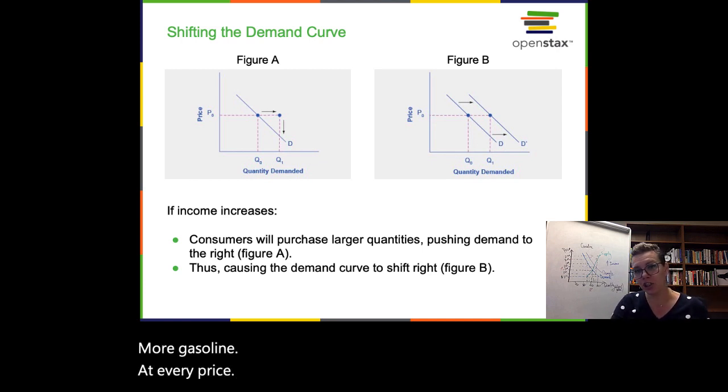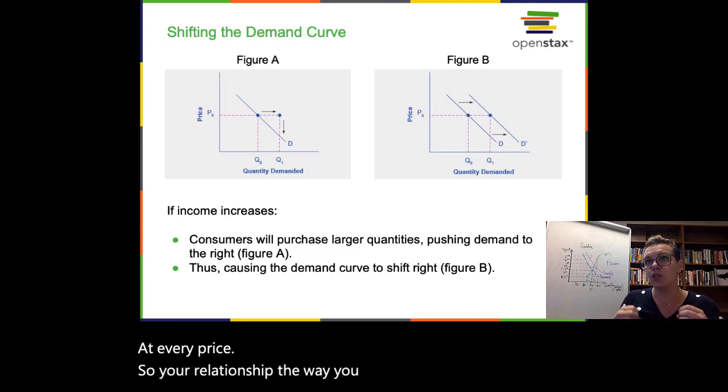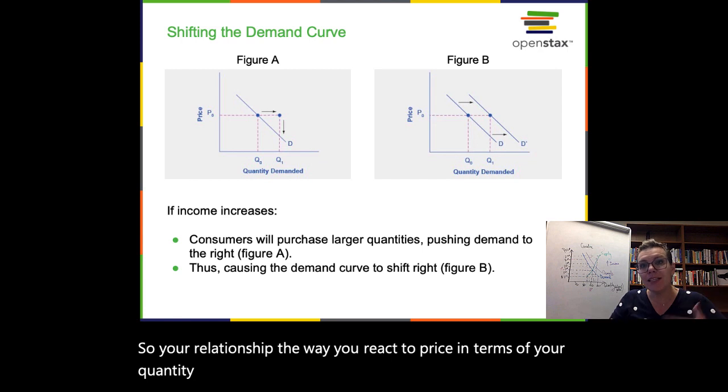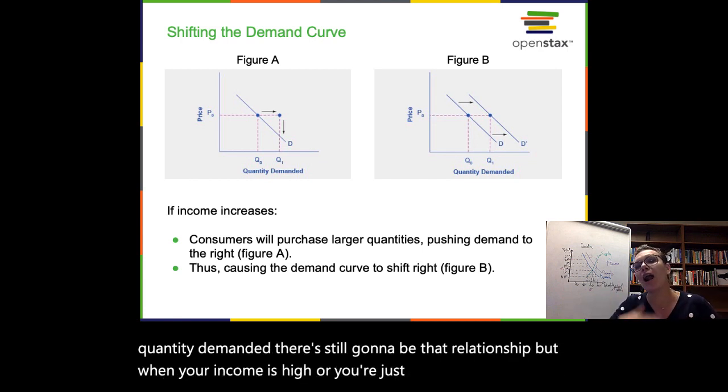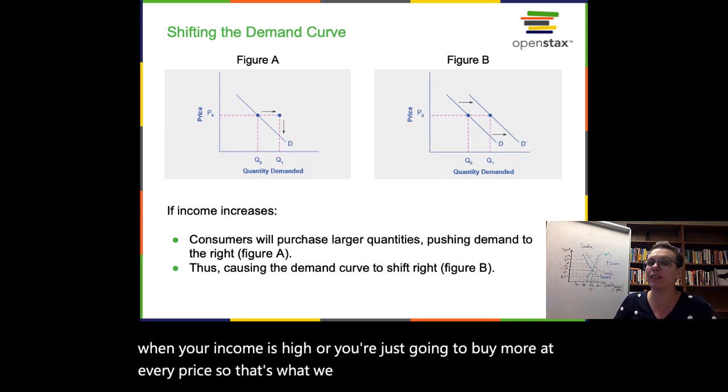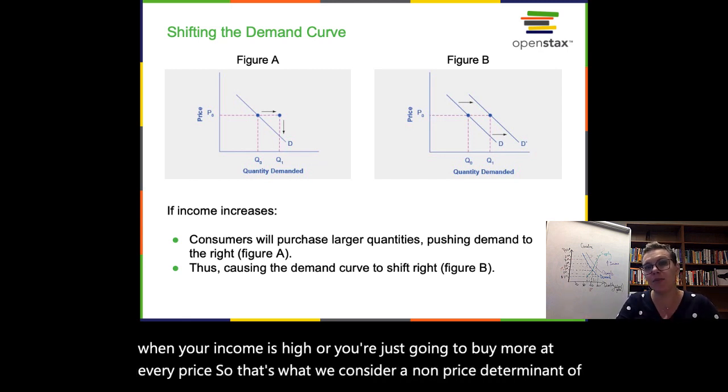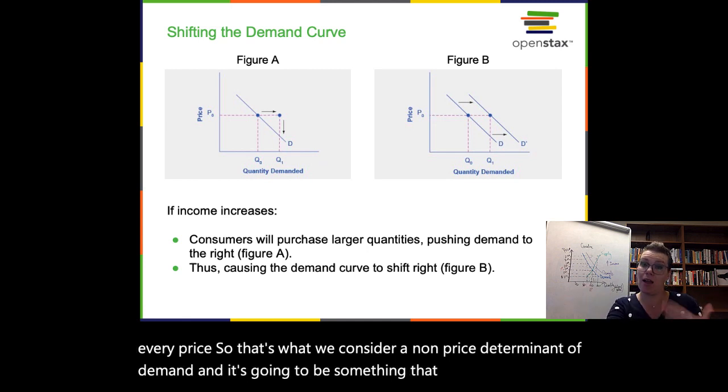So the way you react to price in terms of your quantity demanded, there's still going to be that relationship. But when your income is higher, you're just going to buy more at every price. So that's what we consider a non-price determinant of demand. And it's going to be something that shifts the demand curve out.